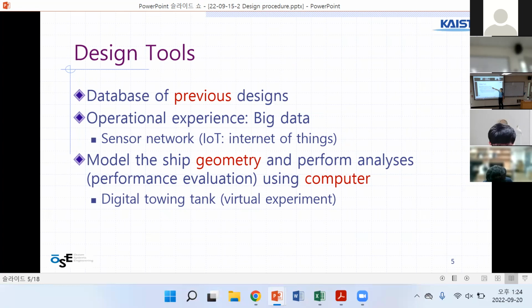Operational experience also, nowadays more and more sensor network, IoT. Have you heard about IoT? Yes?